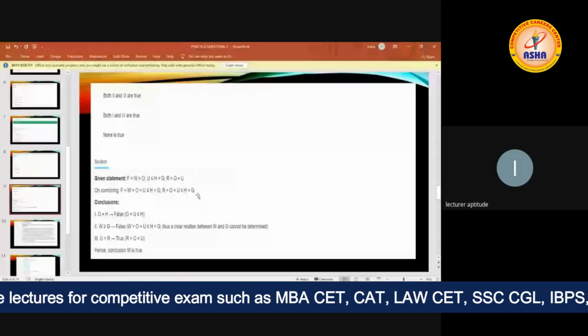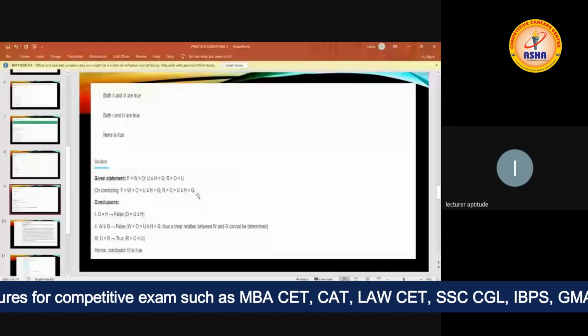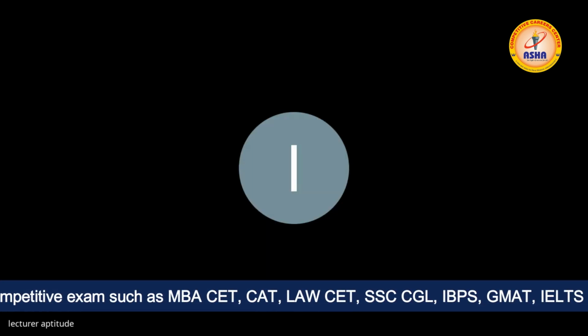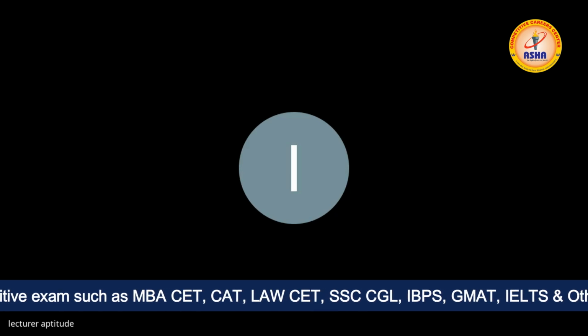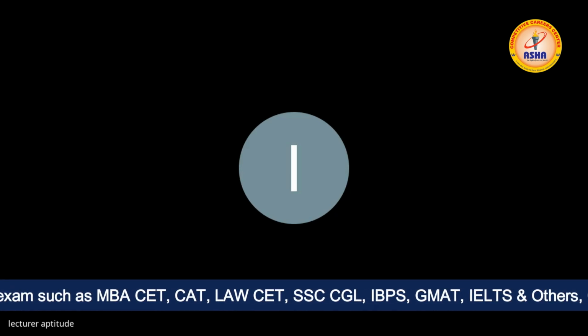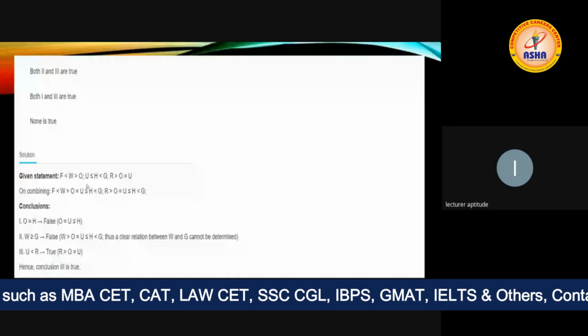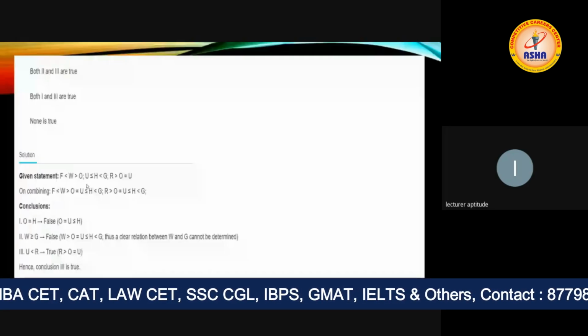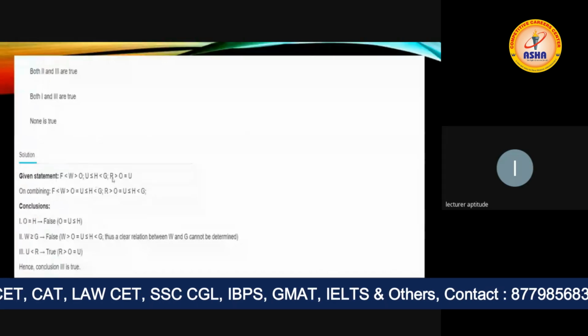F is less than W, greater than O, equal to U, U less than or equal to H, less than G. What we wrote combines the first and second statements, but we don't combine R. But you can also take R, it's no problem.